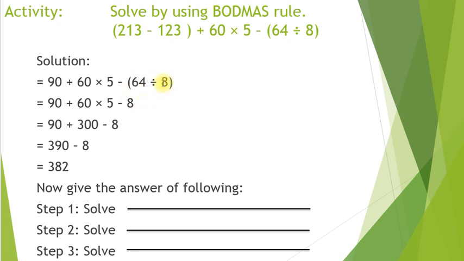Now we have to open this bracket. Copy this value, 90 plus 60 multiplied by 5. Now solve this: 64 divided by 8. 8 8s are 64. So we get 8 from here, and the bracket is opened.